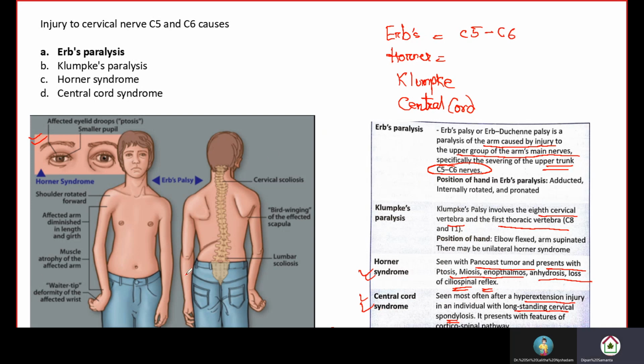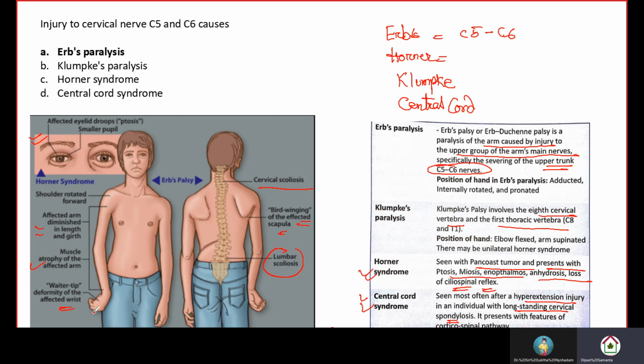And these are the features of Erb's palsy, like scoliosis, bird winging of the affected scapula. There can be many features actually. Shoulder rotated forward, affected arm diminished in length and girth, muscle atrophy of the affected arm, and waiter's tip deformity of the affected wrist.